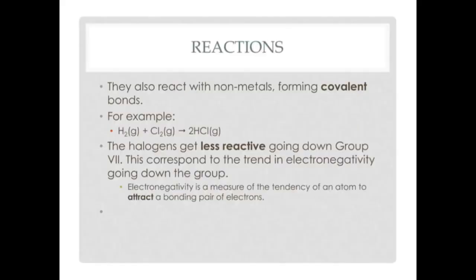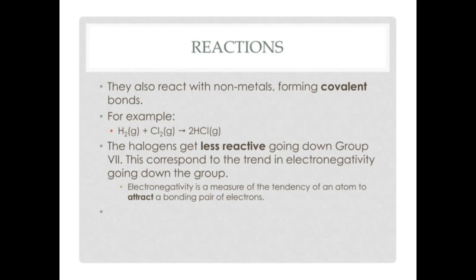Okay, so let's look at their further reactions again. Since they are non-metals, they can form covalent bonds. With metals, they will form ionic compounds, but with non-metals, they will form covalent compounds. They can react with hydrogen to form HCl, which is covalent, and they can also react with especially group 3 metals to form a covalent compound as well.